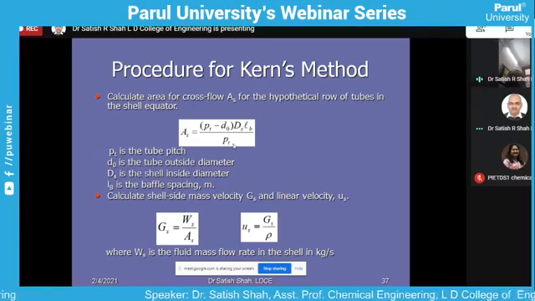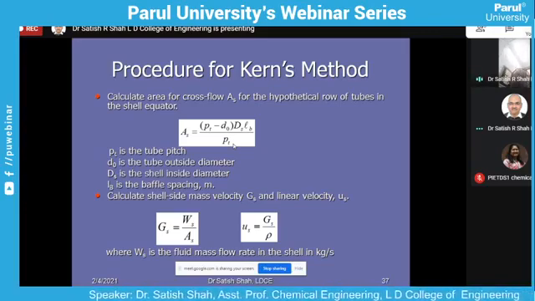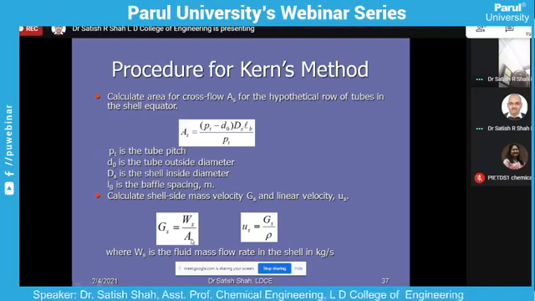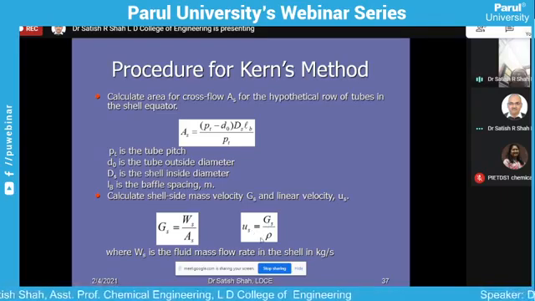So that will give you the AS value. Once you calculate AS, then you calculate GS, that is equal to WS by AS. WS is the mass flow rate, divided by AS, so it will give you the mass velocity. And you will calculate US, that is GS by rho, the velocity of the shell side fluid.